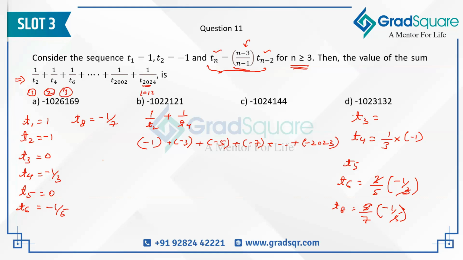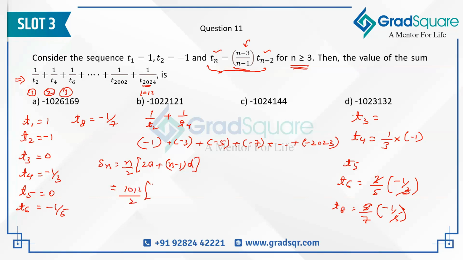Now the sum of n terms of an arithmetic progression is n by 2 times twice a plus n minus 1 times d, where n is the number of terms and a is the first term. The number of terms that I'm looking at is 1012, divided by 2.